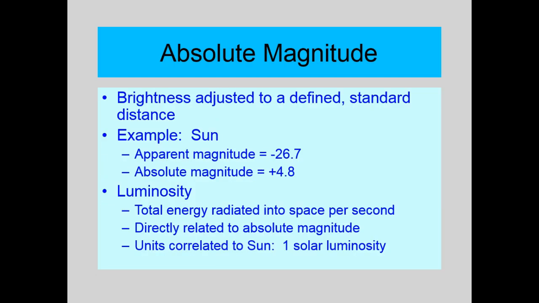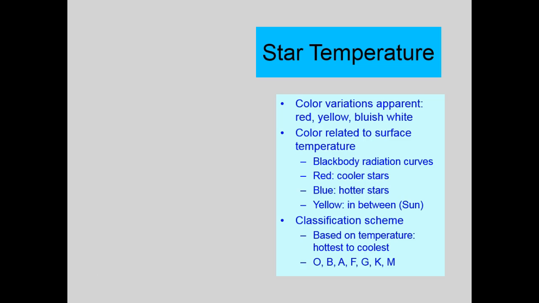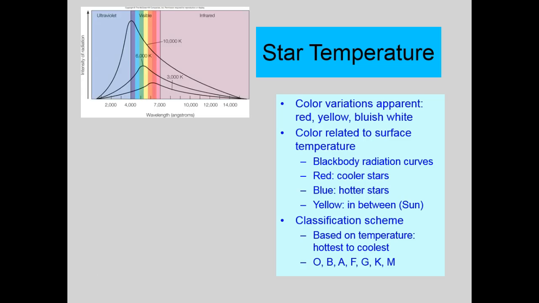So guess where we fit? Right in the middle. So here we are, 5,800 would be just a little bit on this side. There we are, that's why our sun is yellow. Middle temperature. We're middle everything, we're average.